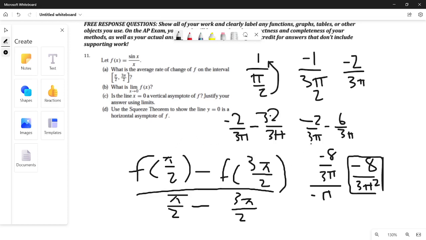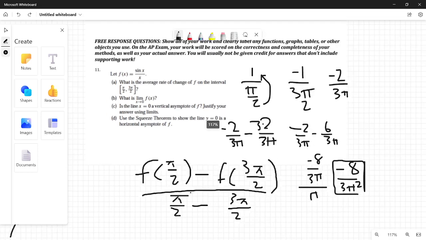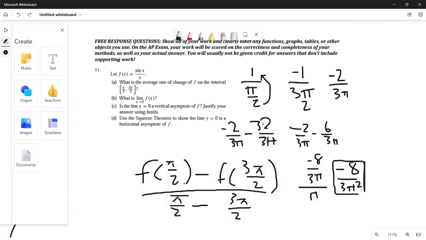This should be negative pi, and this should be positive, I believe. It's fine. I subtracted this by this. I think you just have to sign. No, he just did it the other way. Okay, yeah, Jacob got it. I got it. Fine.